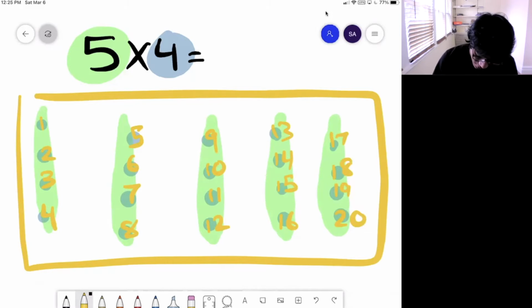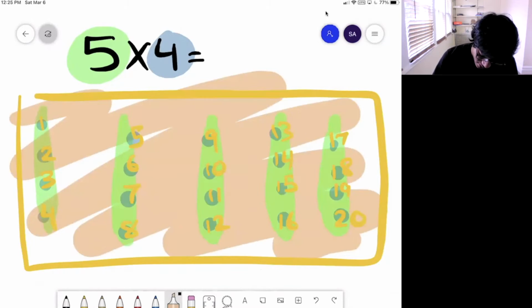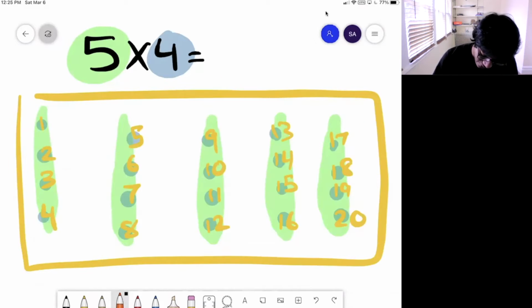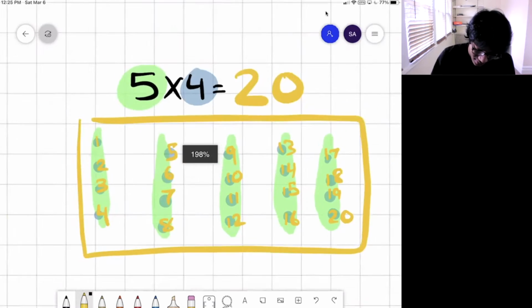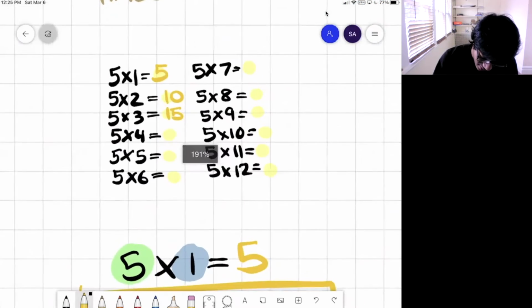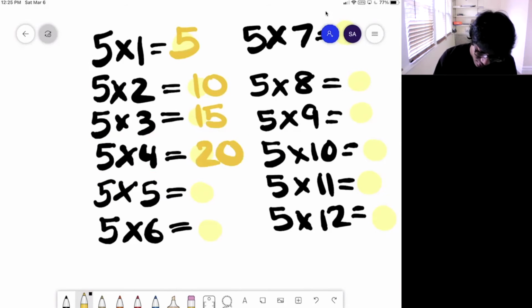So how many dots in this whole shebang? Well, we just counted up. There's 20 dots. And so, what's 5 times 4? Well, it's going to be 20, right? Because there's 20 dots. Let's go back to our table. And now we know that 5 times 4 is going to be 20.